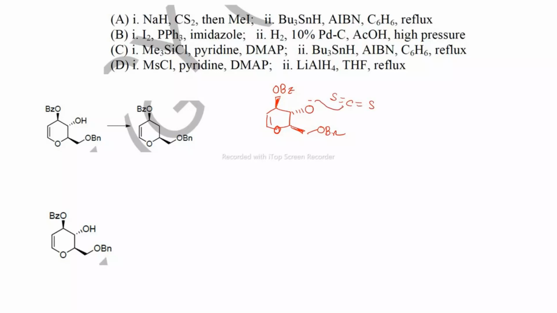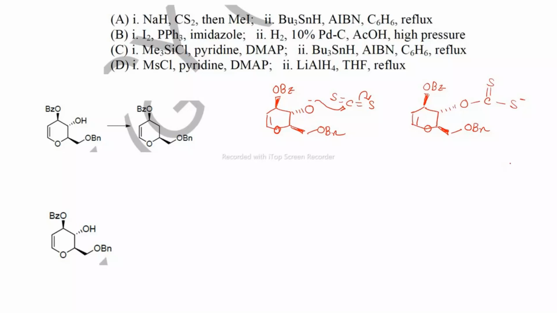So it will attack here, and this group will go. So we will get OBz like this, and OBn also the same, and we will get O-C double bond S, then S minus, right?